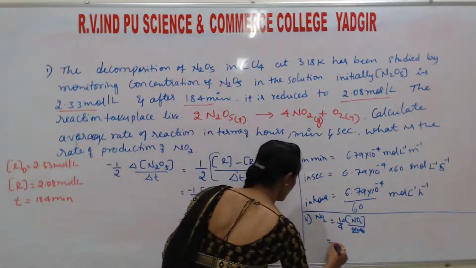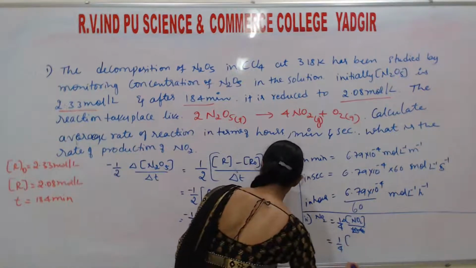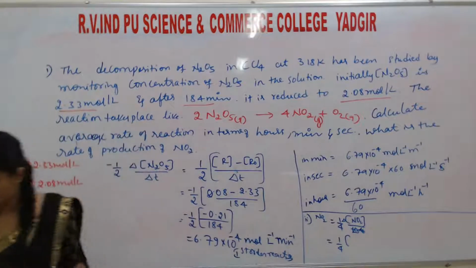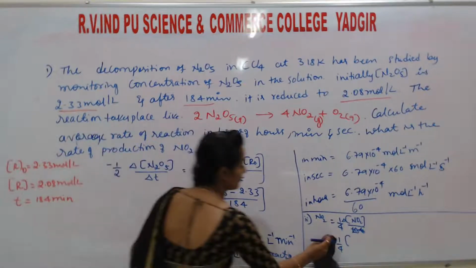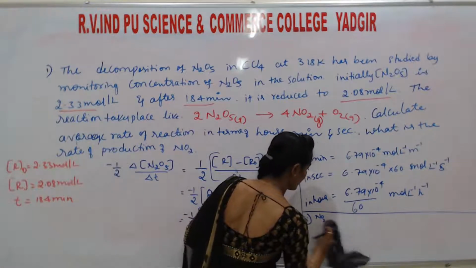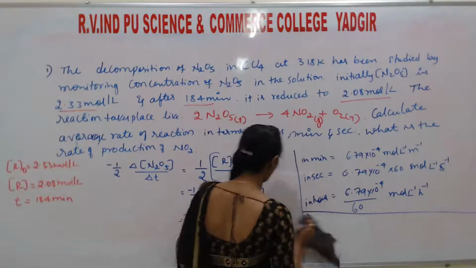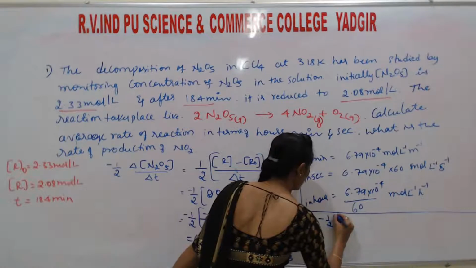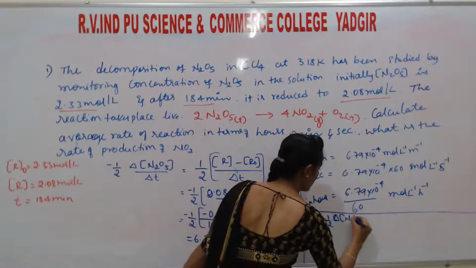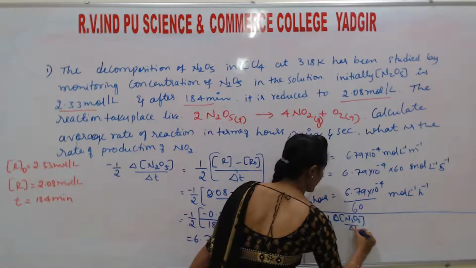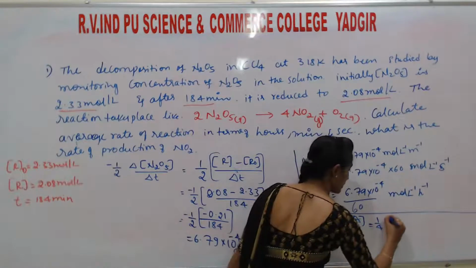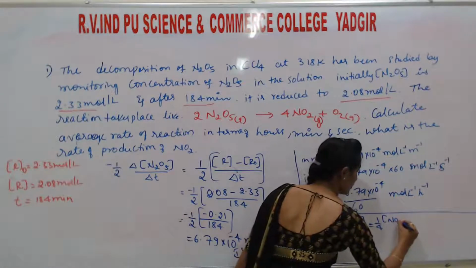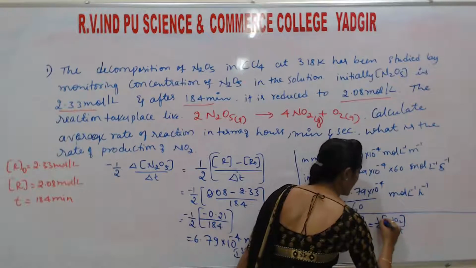So that is equal to 1 by 4 times of... by comparing these two, I take minus 1 by 2 delta N2O5 divided by delta T is equal to 1 by 4 times of formation of NO2 by delta T. Correct?